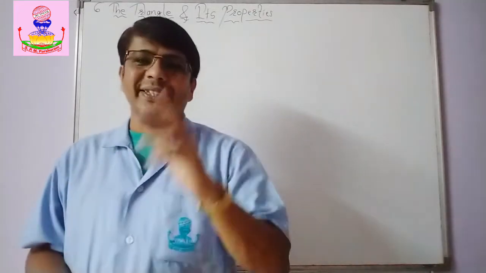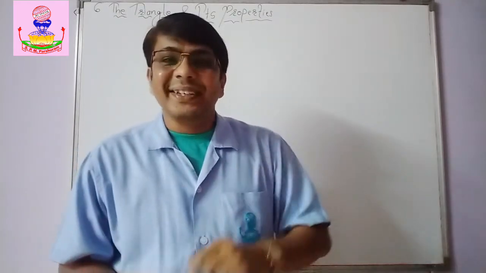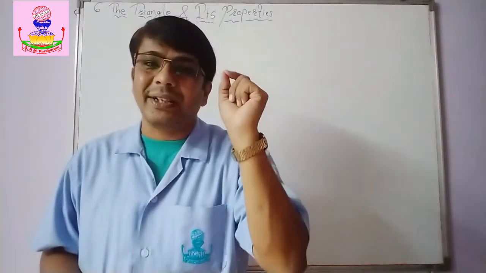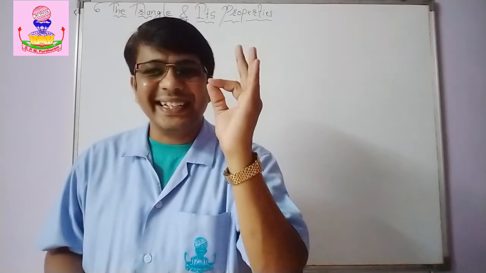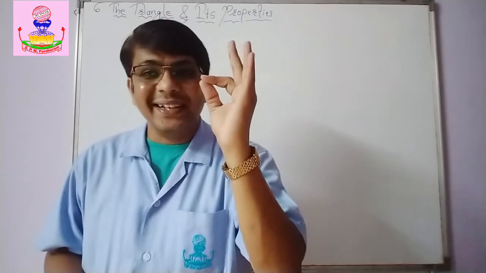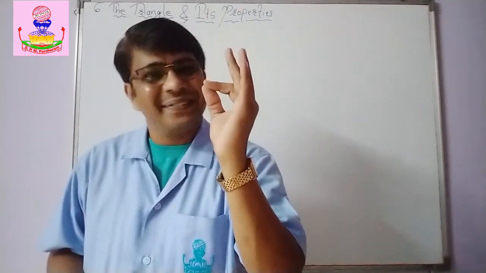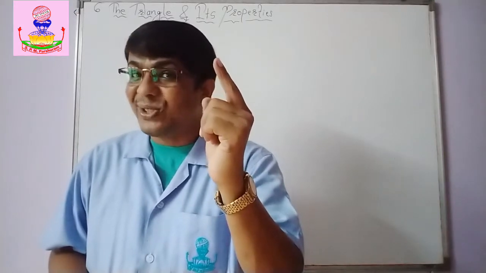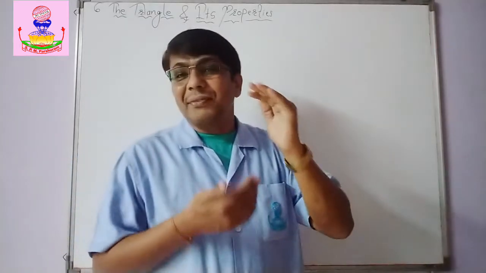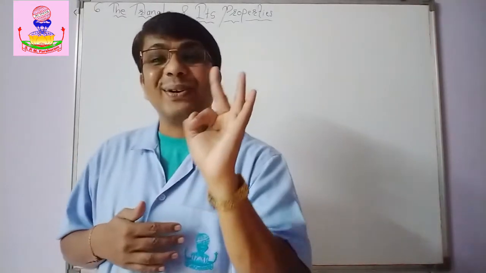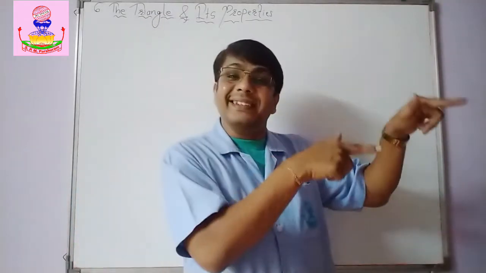So, what is a triangle? A triangle is nothing but a simple closed curve which consists of 3 sides, 3 angles and 3 vertices. The name itself tells you, triangle: a closed figure which has got 3 angles.